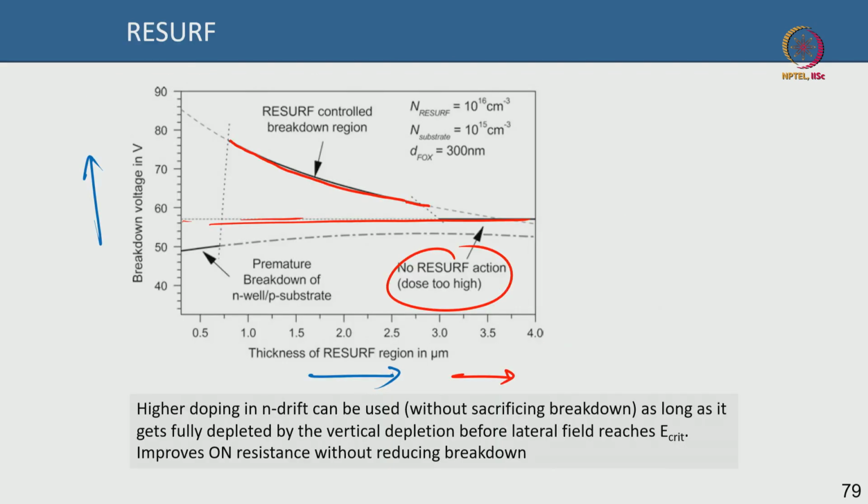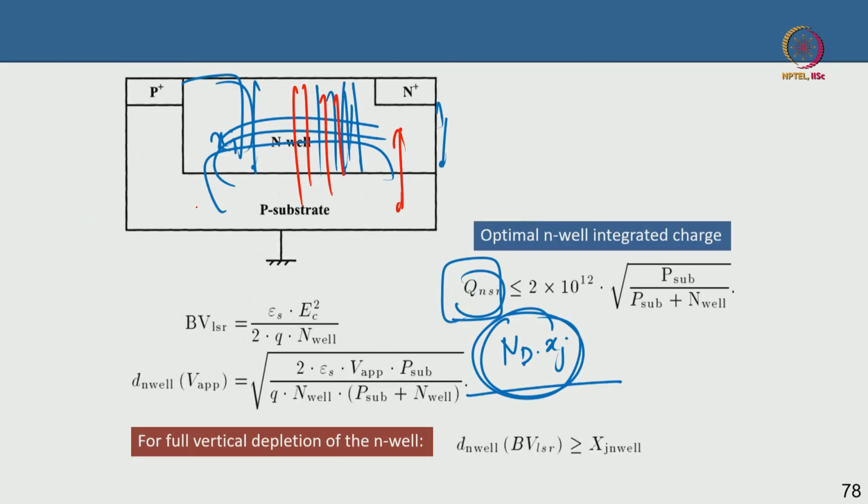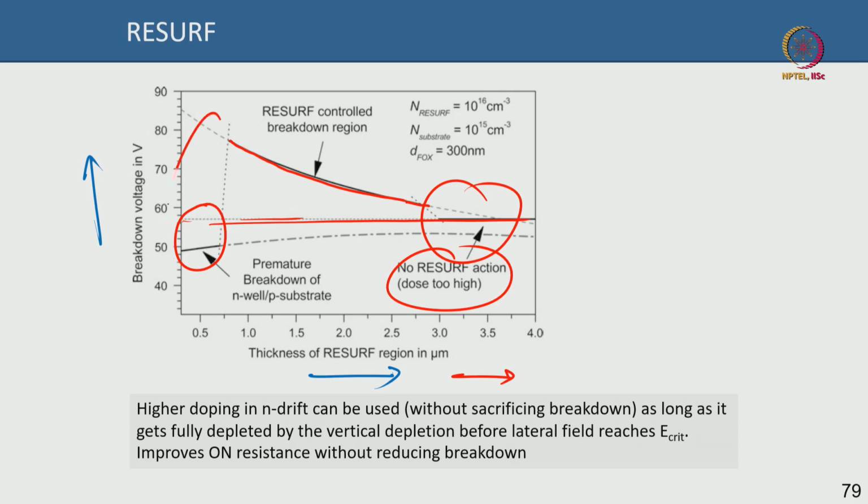And whenever the thickness is very low, the vertical depletion quickly happens, but it is not sufficient, and the lateral breakdown will happen prematurely, because you could not have prevented the lateral breakdown anyway. So that is why this is a premature breakdown region.